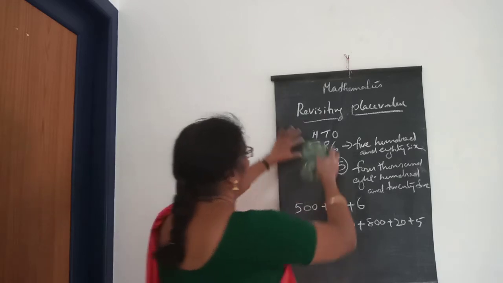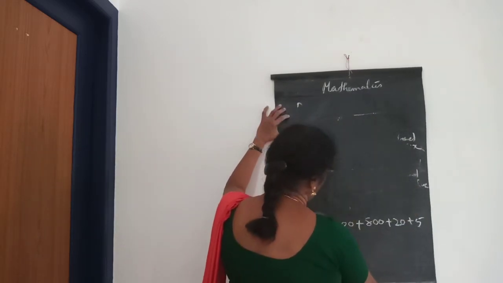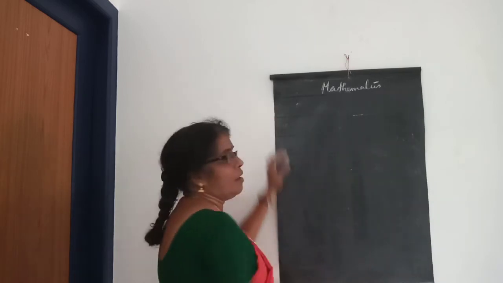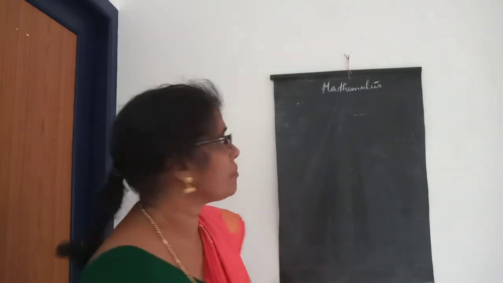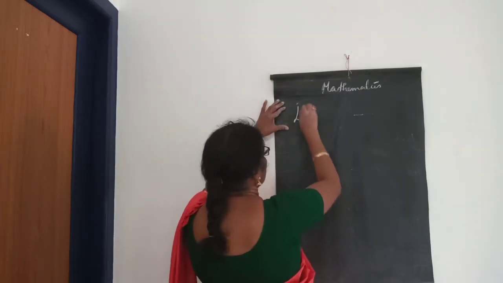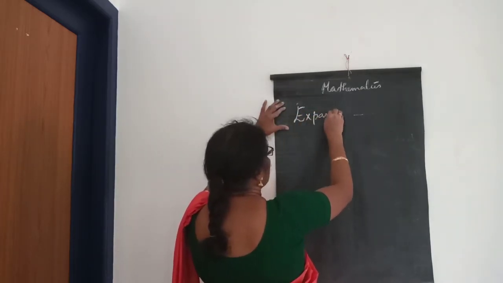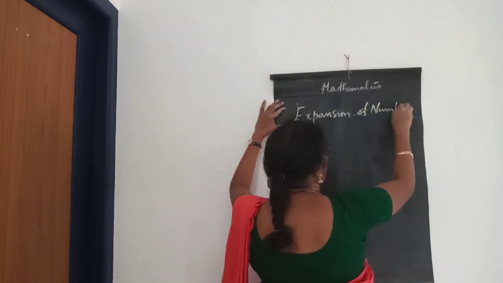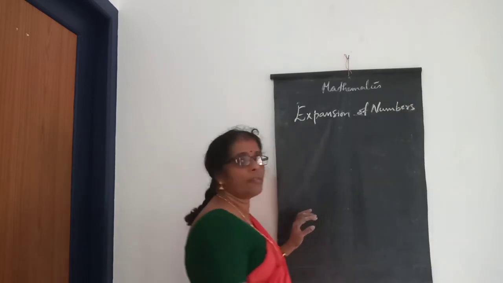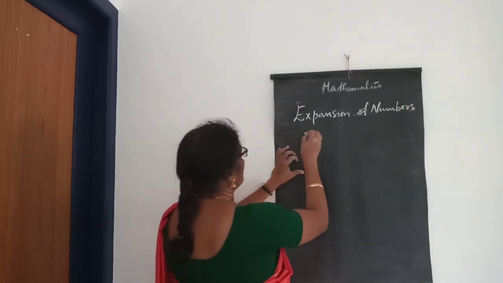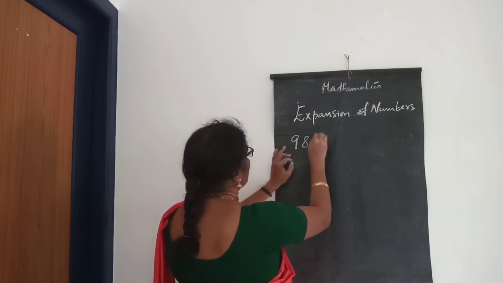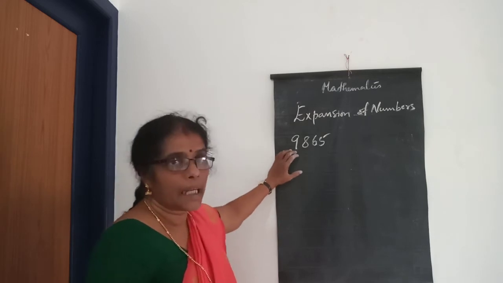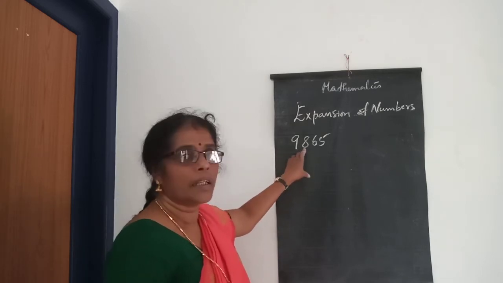Okay, the next one is expanding numbers, expansion of numbers. Look here. 9,865. Look at children. How many thousands here? 9 thousands. How many hundreds? 8 hundreds.